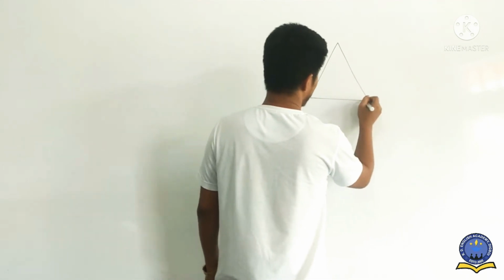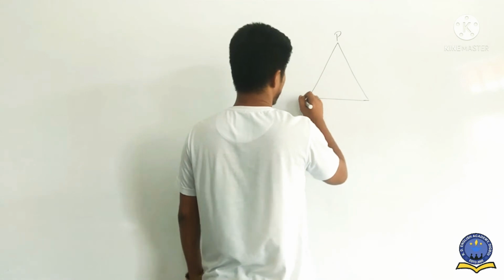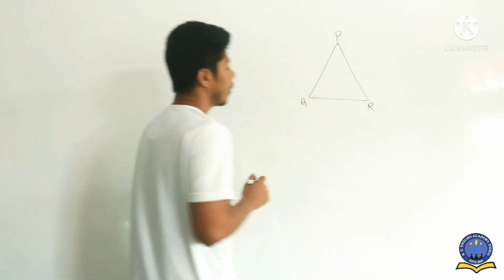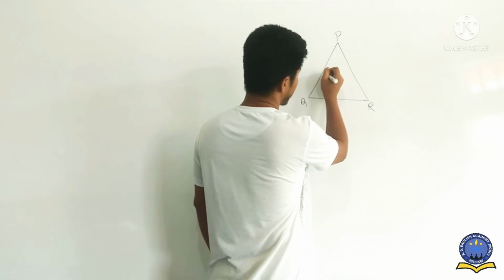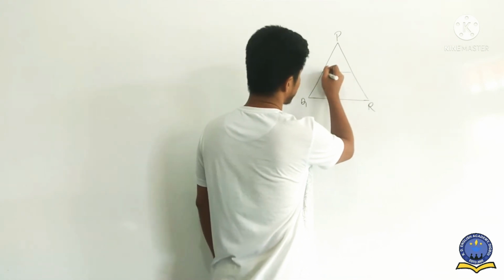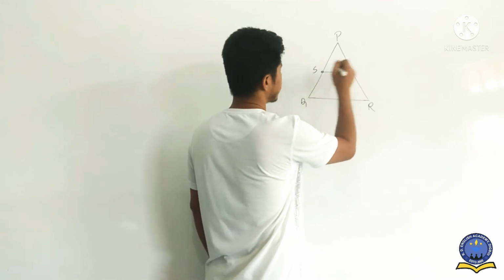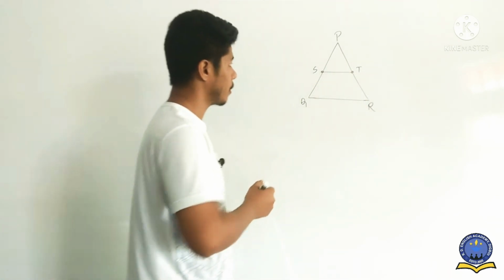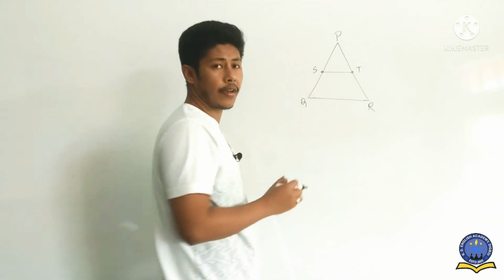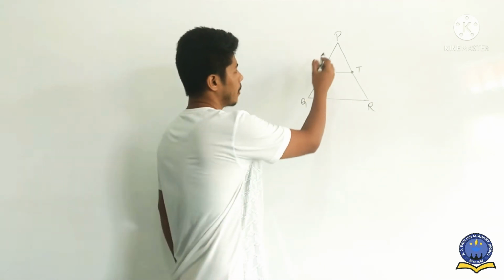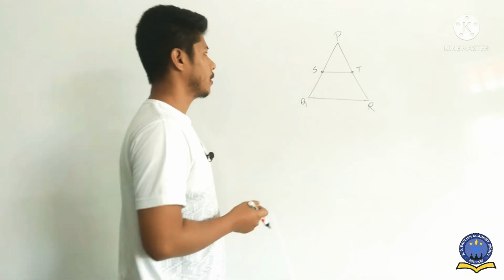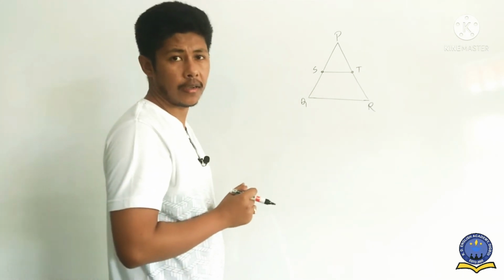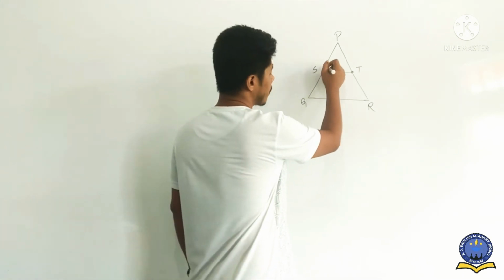P, Q, R, this one is the triangle given, and in this triangle two points are given, this point S as well as this one T. A triangle PQR is given to us, and inside PQ one point is S, as well as on another side PR, another point is T. Is it clear?